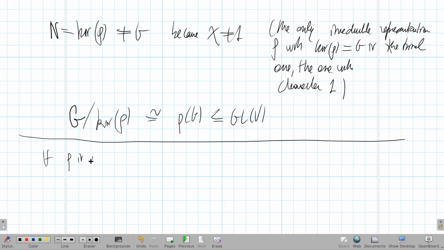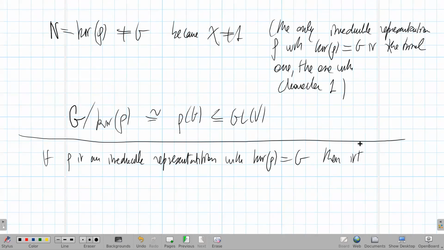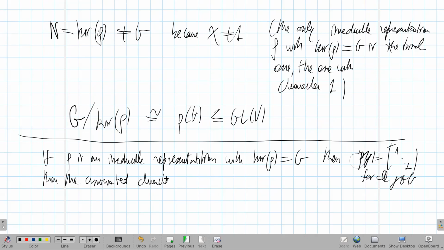If rho is an irreducible representation with kernel of rho equal G, okay, then if you have rho of G equal to the matrix 1 for all G, then the associated character, if this is a matrix of dimension n, is chi of G equals n for each G, okay?